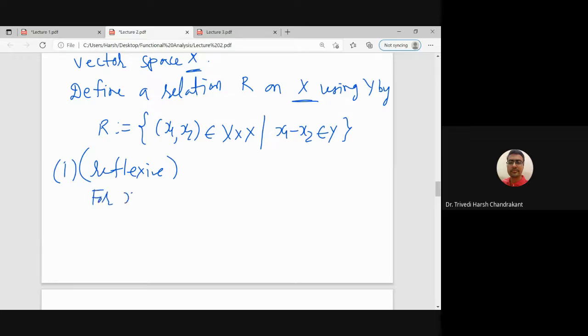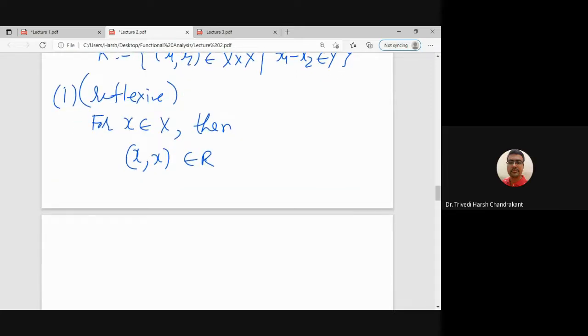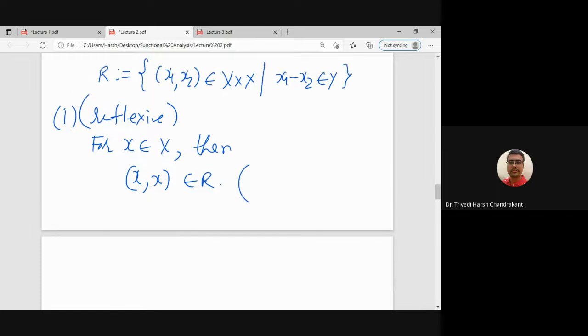If you take any element x of X, whether (x, x) belongs to R, for that what we need to check? We need to check x minus x should belong to Y, right?